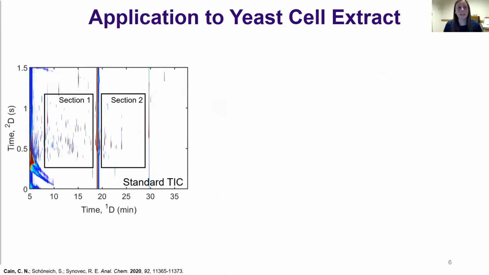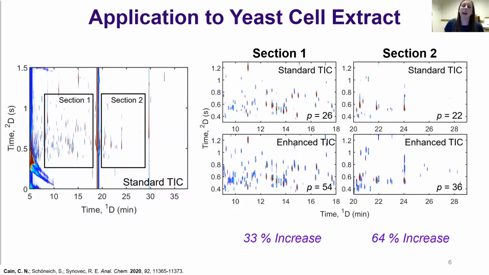So we applied our enhanced TIC algorithm to two sections of this yeast cell extract, labeled here as section 1 and section 2. Here I show the chromatograms for section 1 and section 2, where the top two chromatograms are for the standard TIC and the bottom two chromatograms are for our enhanced TIC.